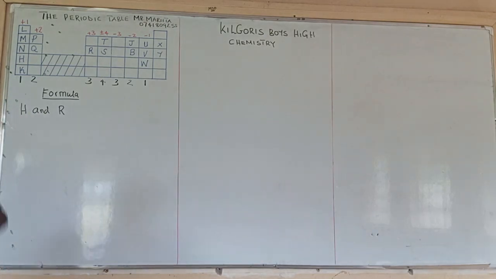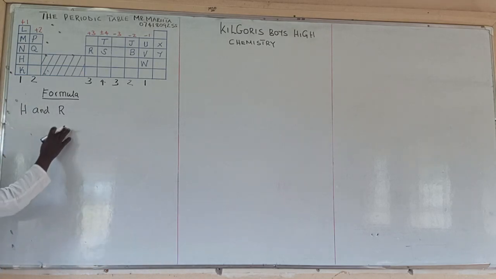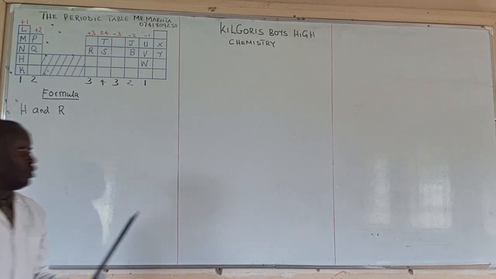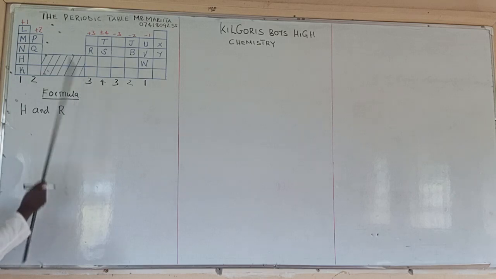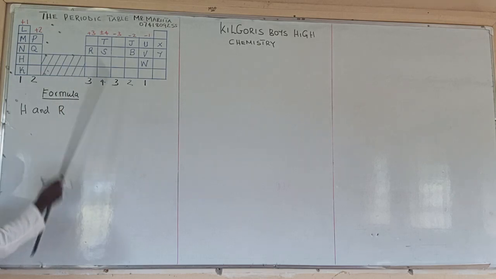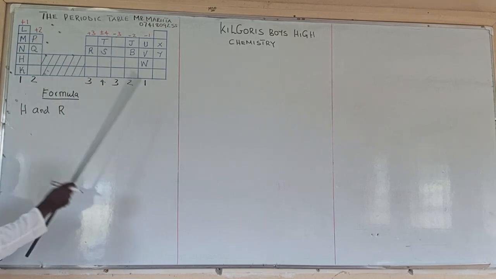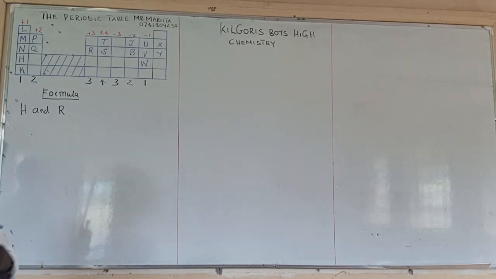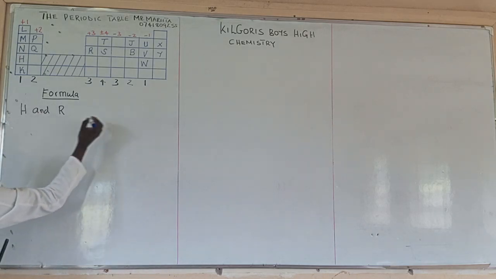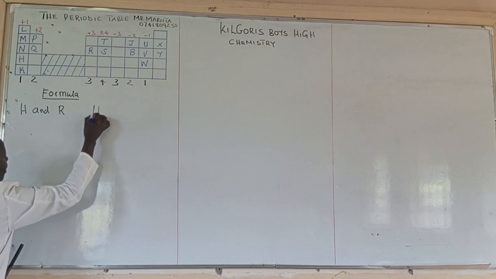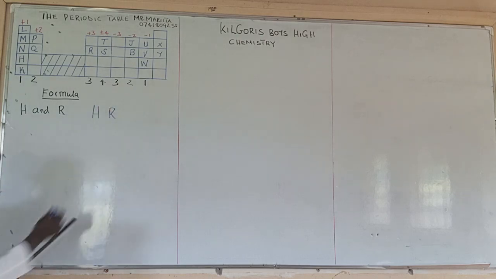You simply use these numbers I've indicated here: number 1, number 2, number 3, number 4, number 3, 2, and 1. We do not have 0 because 0 represents the group 8 elements. So you write H, then you have R.